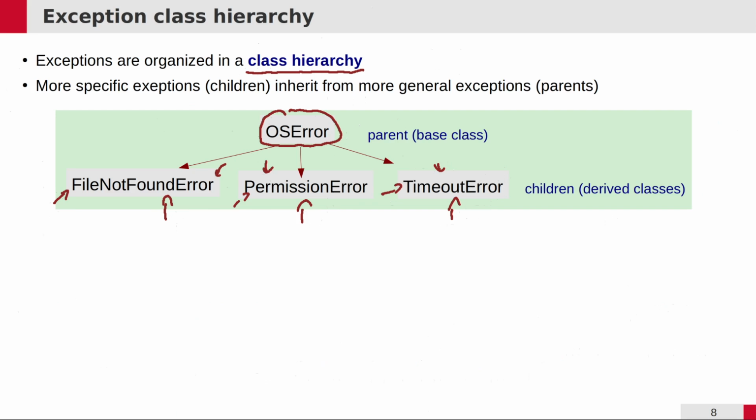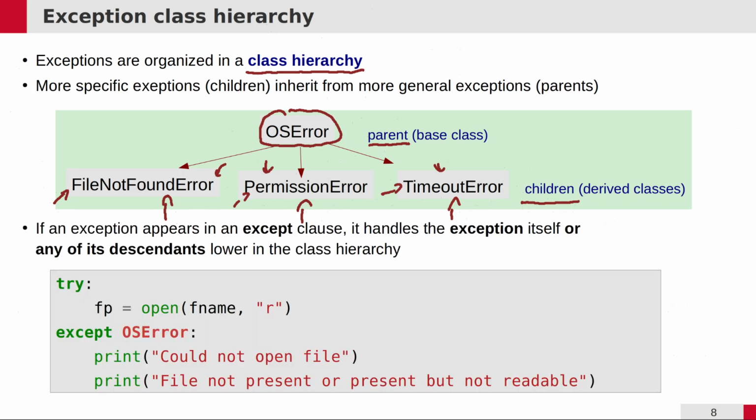If you know already a little bit about object-oriented programming and class hierarchies, then basically all these three exceptions are child classes or derived classes of the parent class, or a base class, OSError. And if Python sees somewhere a base class, then basically it represents all the derived exceptions. What does it mean?